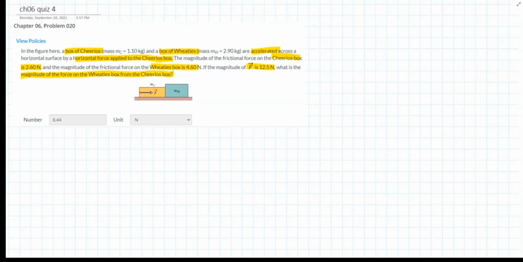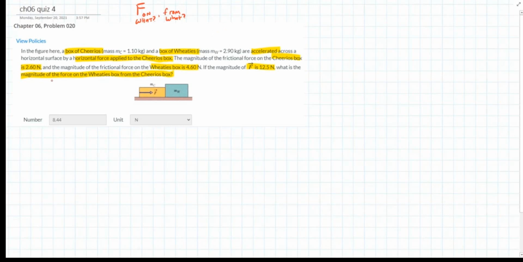So let me state this right now. I think I've said this before, but let's always use the F on what from what convention. On what from what.